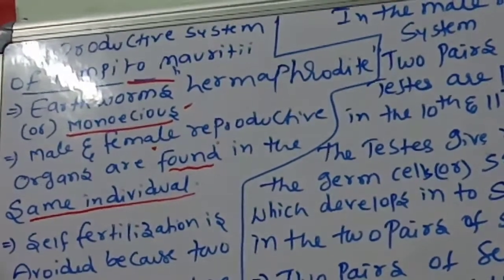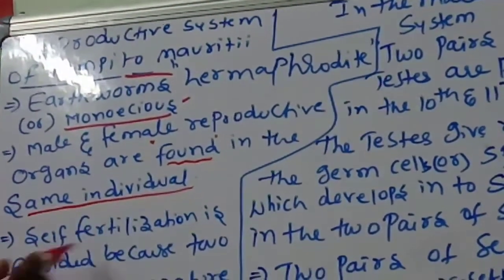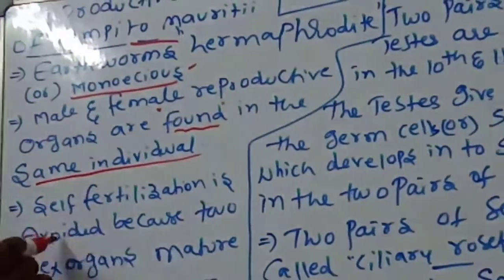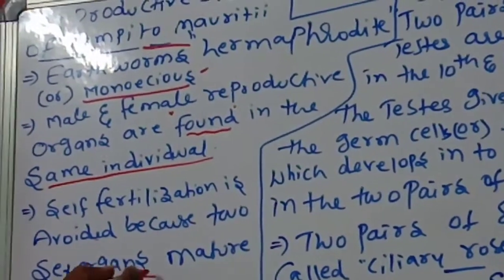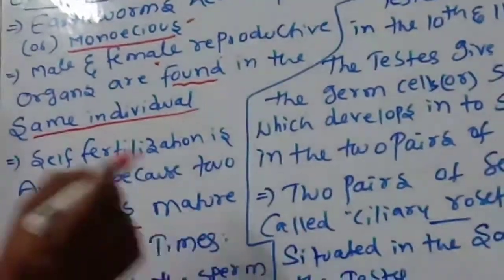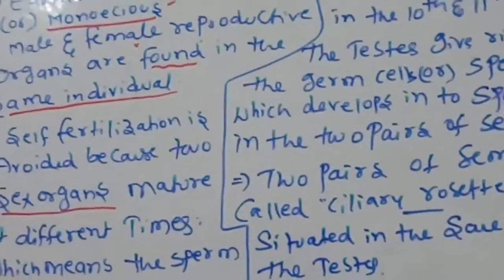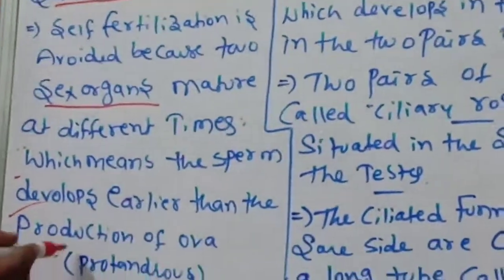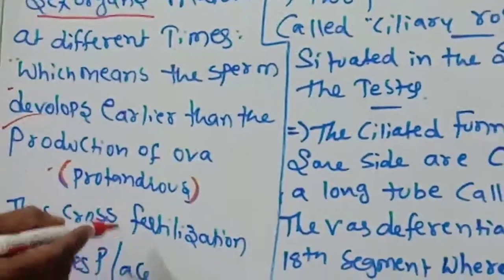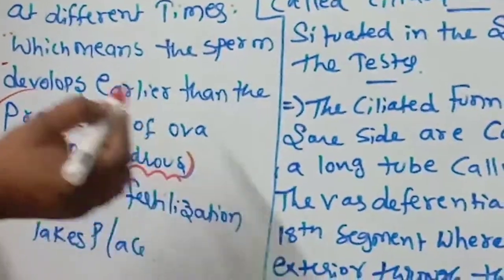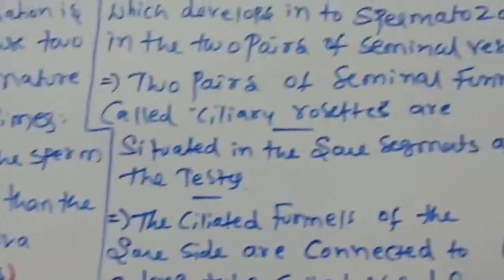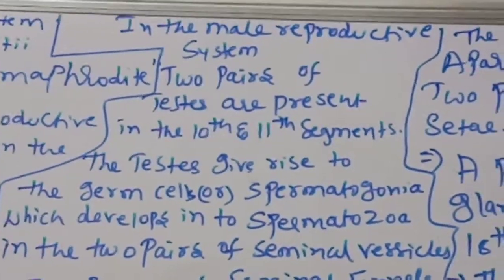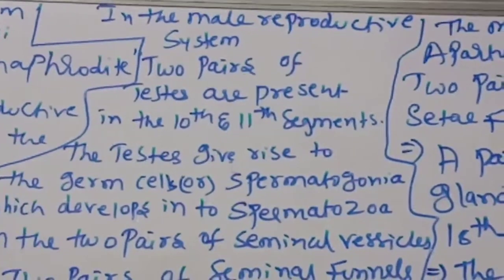First point clear: self-fertilization is avoided because the two sex organs mature at different times, which means the sperm develops earlier than the production of ova. That condition is called protandrous. Then self-fertilization is avoided and cross-fertilization takes place.